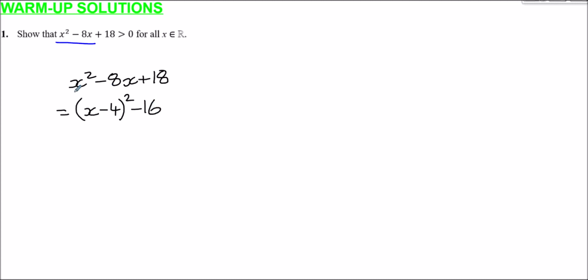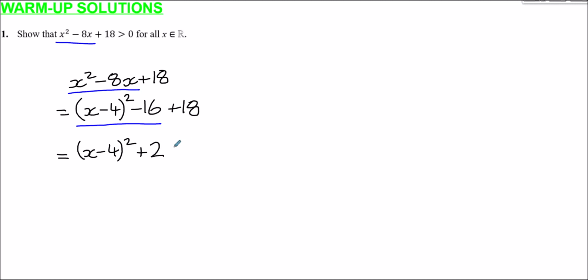So all we've done here is we rewrote this like this, but then of course we have the plus 18 at the end to contend with as well. So this will now simplify, so we have x minus 4 all squared, and minus 16 plus 18 gives us plus 2. We can now conclude and finish off our proof.